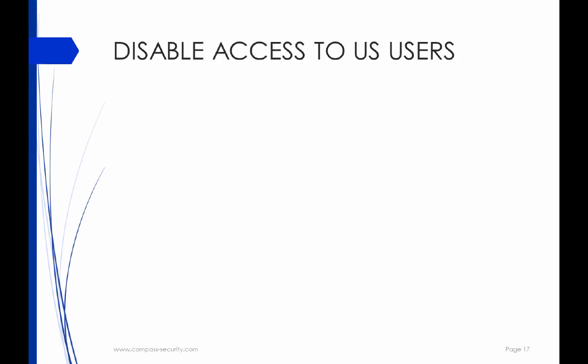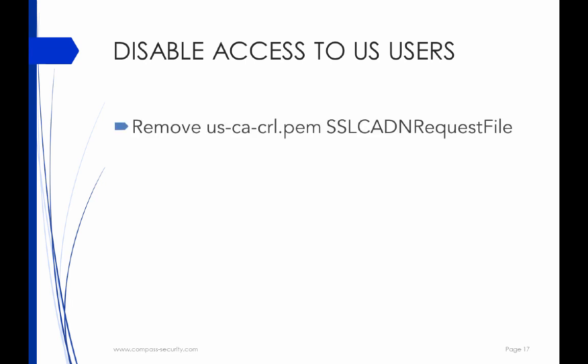Now I want to show you how to disable access to users from a certain certification authority. So the attribute is the SSLCADNRequestFile, and then we need to restart Apache.